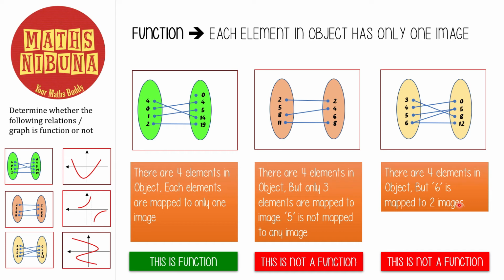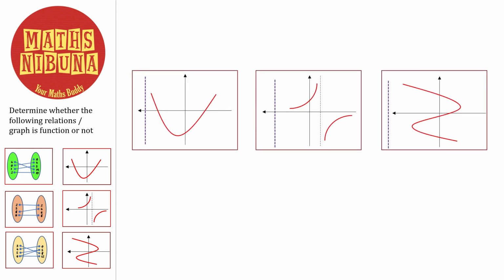Okay, these are our relations. From relations we can determine whether it is a function or not. Next, we look at the graphs. In this question we are given 3 graphs. One looks like a quadratic graph, one is a reciprocal graph, and one looks like a cube. It doesn't matter.